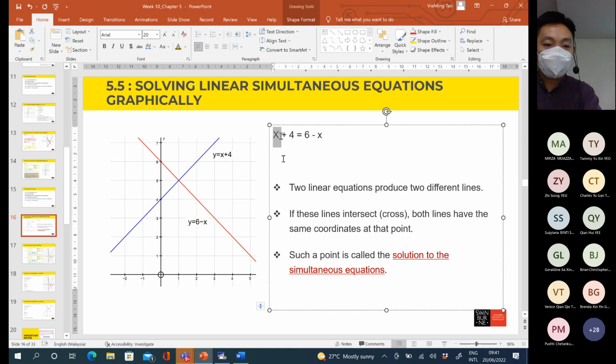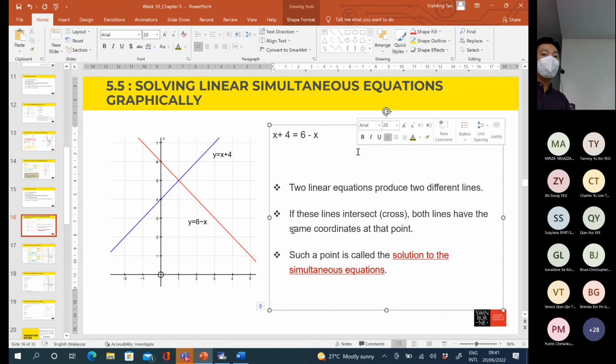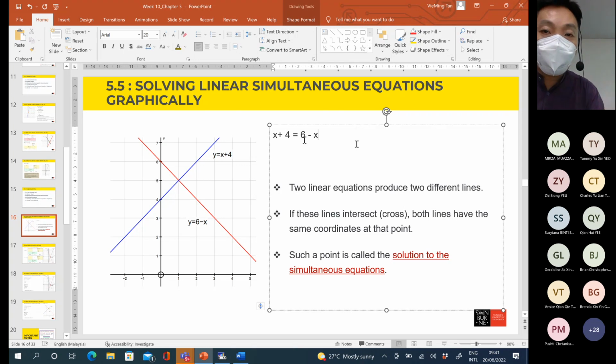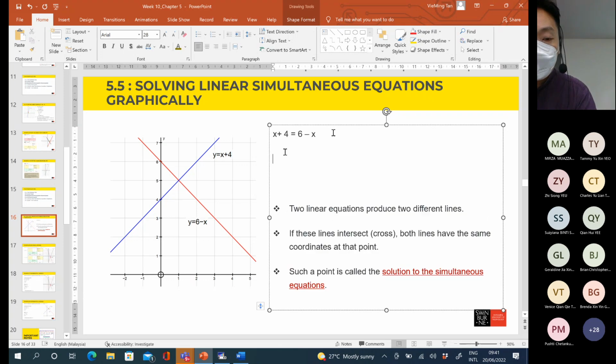I can say that x plus 4, from here, is equal to 6 minus x, from this line. Right? Then what's the next step? Next step is we can move all of the x to the left-hand side and the numbers to the right-hand side. This minus x, we can move to the left-hand side as plus x. So x plus x.